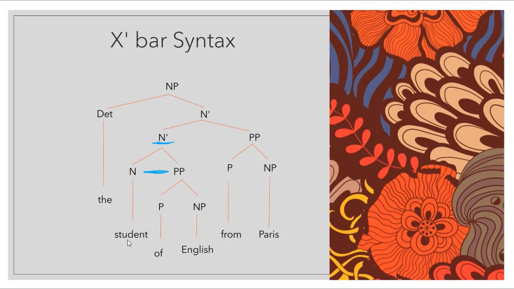Okay, so "student of English" is one constituent, we put it under one N bar. The student of English from Paris as a whole is one constituent, we put them under the second N bar. Okay, I hope it's clear because it's not that complicated, it's very simple.